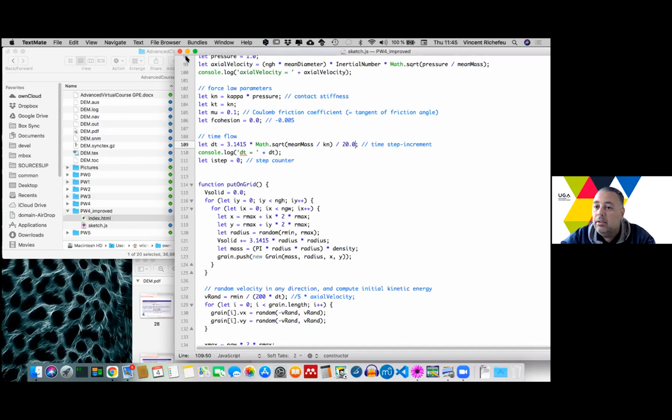So this is done in the literature. You can also couple DEM with FEM by making a side-to-side coupling.